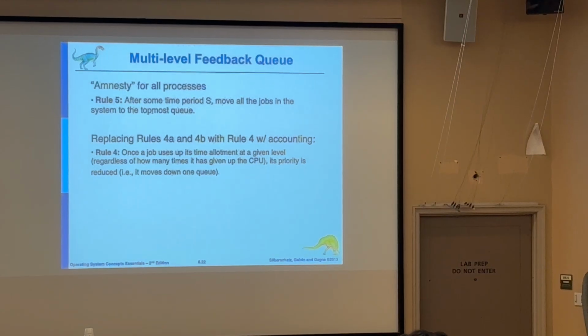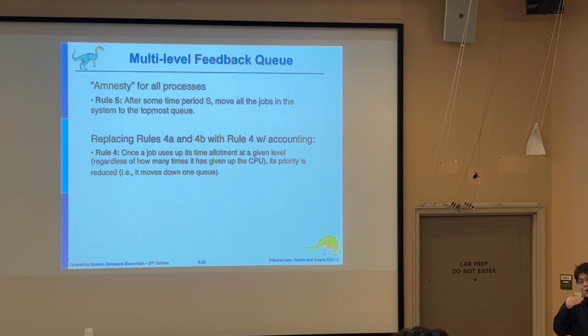And what is the reason for this? Because as time goes on, many of the jobs' priorities get reduced, and there will be new jobs entering the system, and they will have higher priority. You do not want the old processes to be starved because of the new processes.